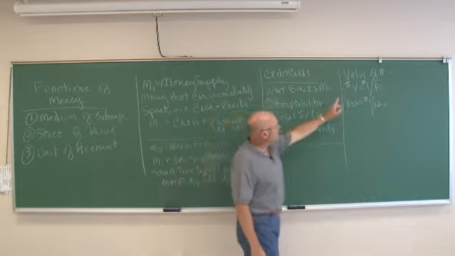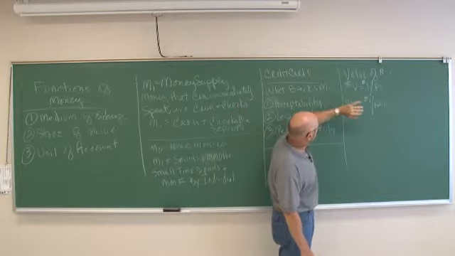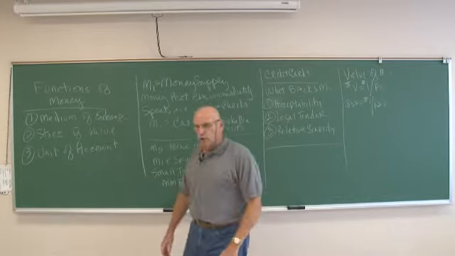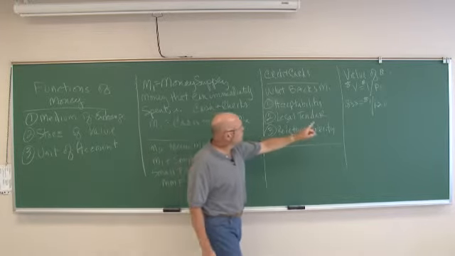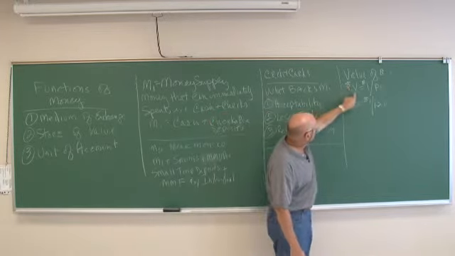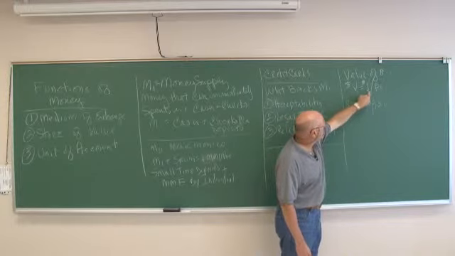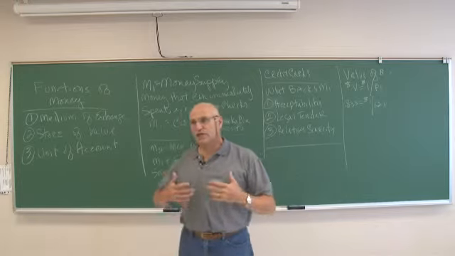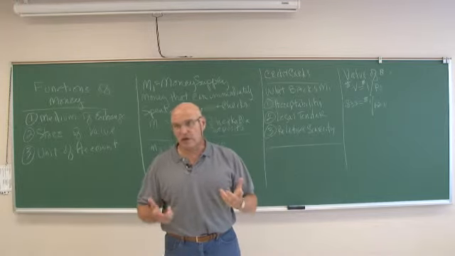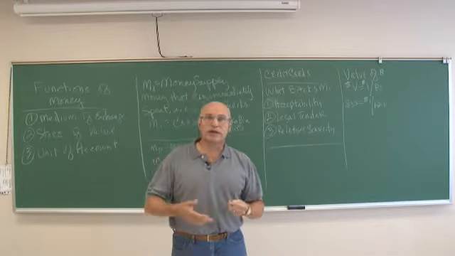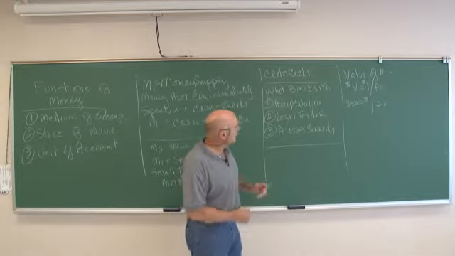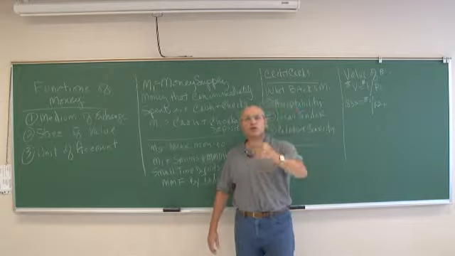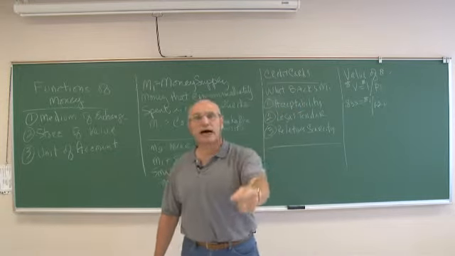And in the last portion of this particular video, we want to take a look at the value of money. The value of money, V, is equal to $1 divided by the price of the good, assuming that the change in the price of a good is only because of inflation. So let's assume that a loaf of bread that you bought last week was $1.